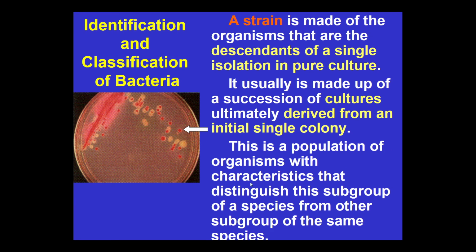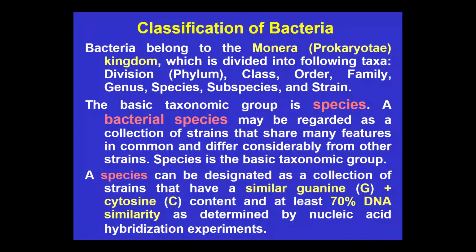This is the population of organisms with characteristics that distinguish these serogroups of a species from other subgroups of the same species. So within one species, we may have many strains of bacteria, because a strain is the culture isolated from a particular source at a particular time and identified as a particular species.